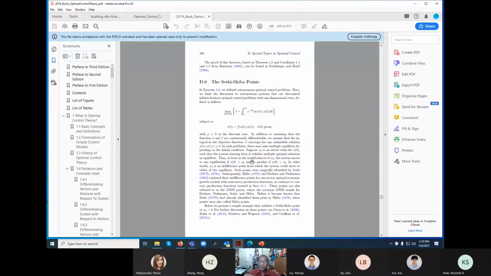In those cases there may be a point which we call an indifference point, where, if you have that initial condition, then you can choose to go to that equilibrium or that equilibrium. Up to you, both are equally good in terms of the objective value function. Both give you an optimal solution, but the optimal solution is not unique, and the equilibrium is not unique. And I wrote that paper in 1977.